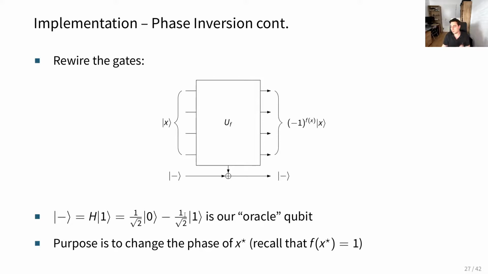This is somehow our oracle qubit, which is needed, and we will see in the next slide, to basically toggle the output accordingly without actually computing this function, so this exponent here. The purpose of this thing is to basically change the phase of our wanted item.